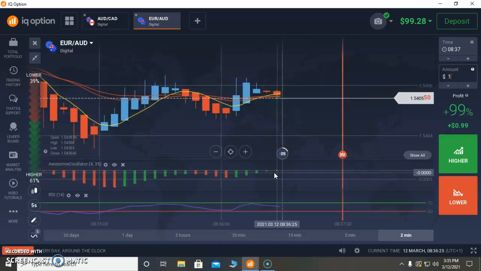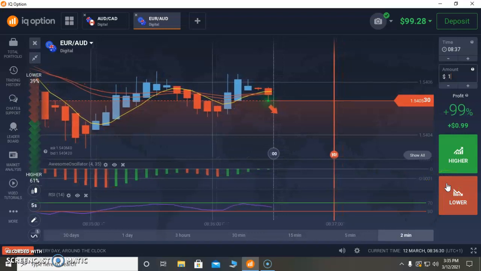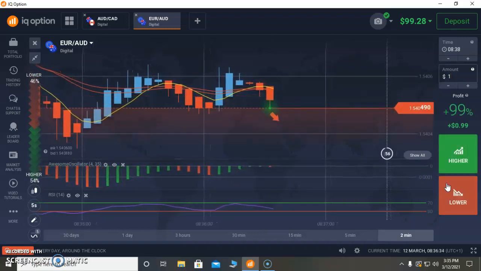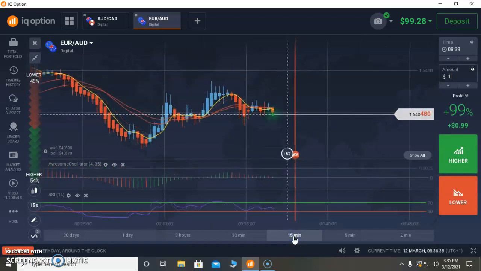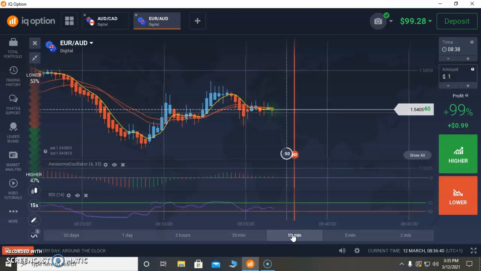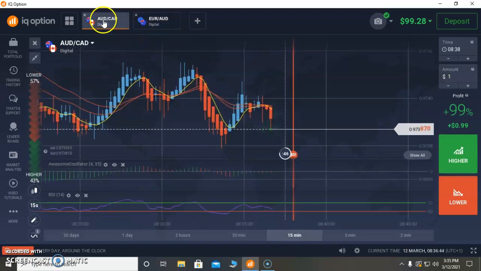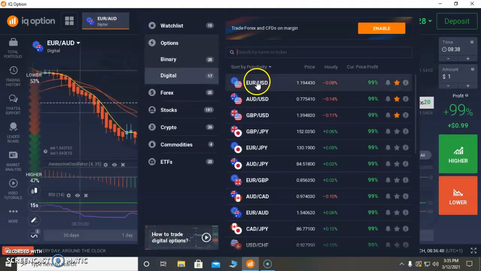If not, okay, red. Hindi mabot sa oras. Pagpilitin. Have to wait. But, okay, I think I had to close this and look for another trading pair.